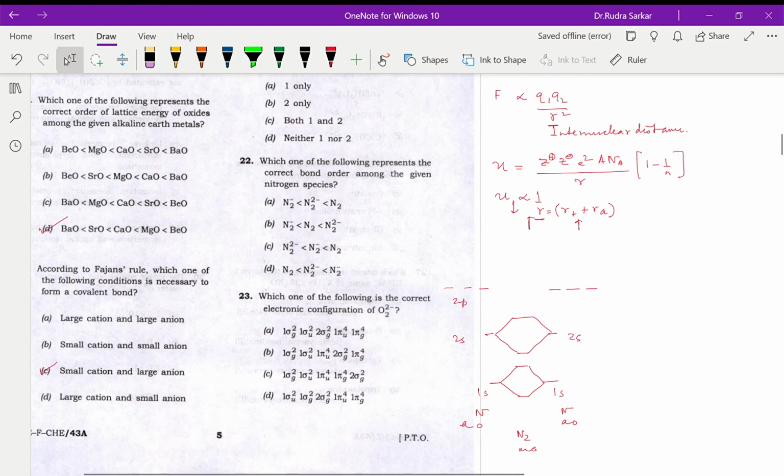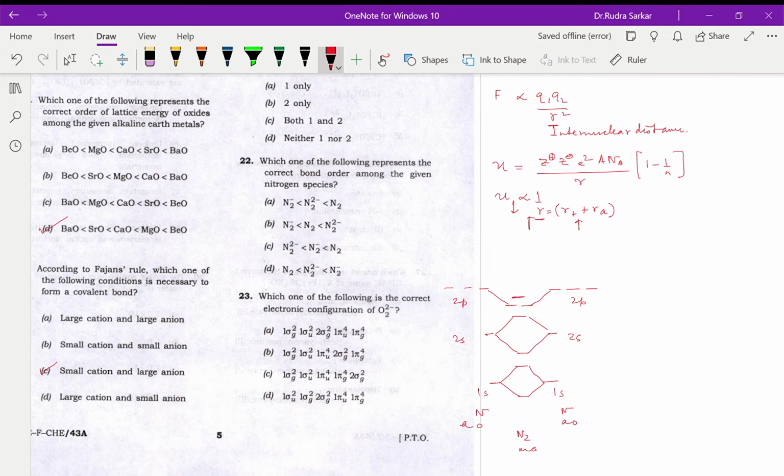Then we have to draw the orbitals formed by the combination of the p orbitals. For that, we draw two such pi bonding levels, and this is the sigma bonding level.